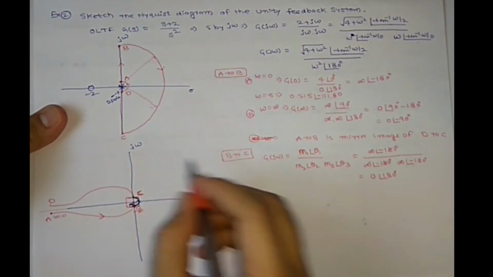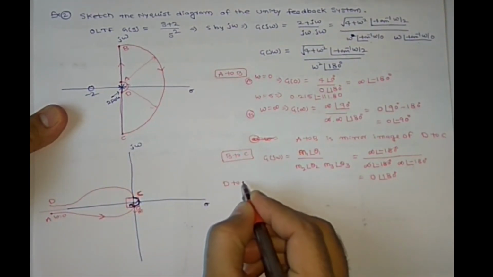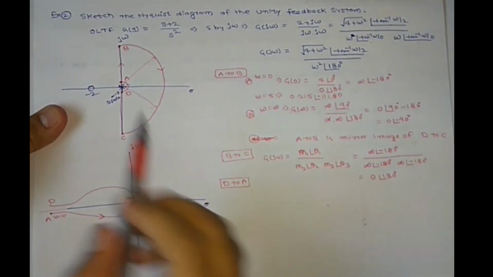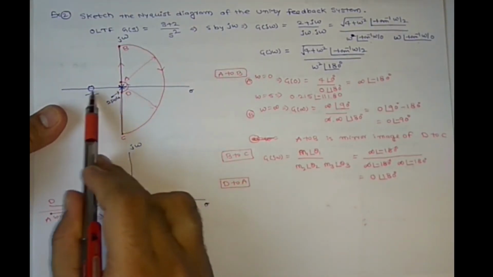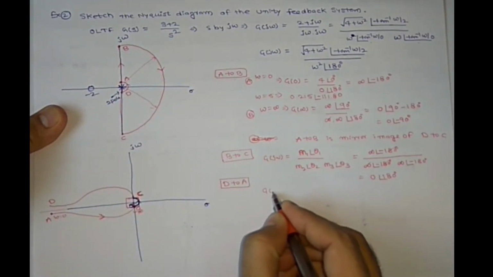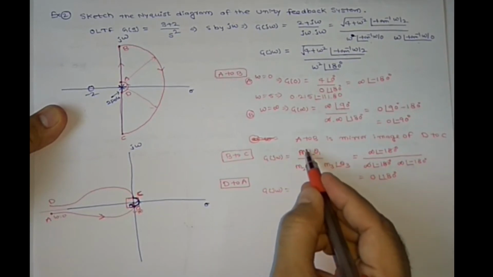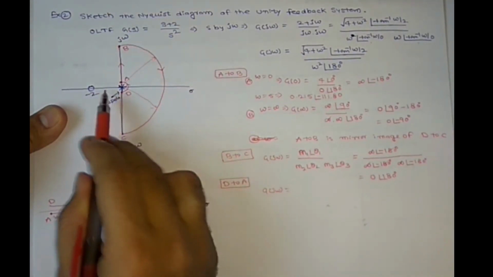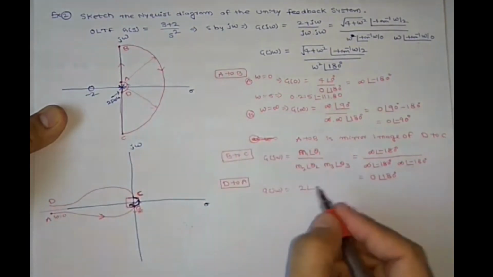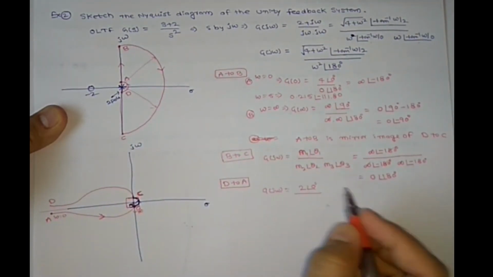Now we are left with D to A, right? D to A, this 0 vector will make no change. So G of j omega, here M1 has magnitude 2 and angle 0 degrees, it will not affect anything.